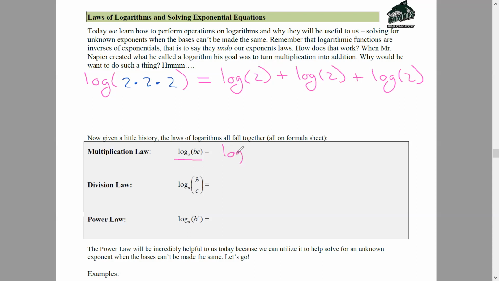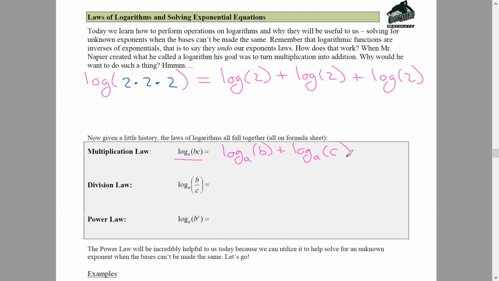Log base A of B times C is really the same as saying log base A of B plus log base A of C. So that was their first goal: multiplication turns into addition. They did that by using a logarithm.